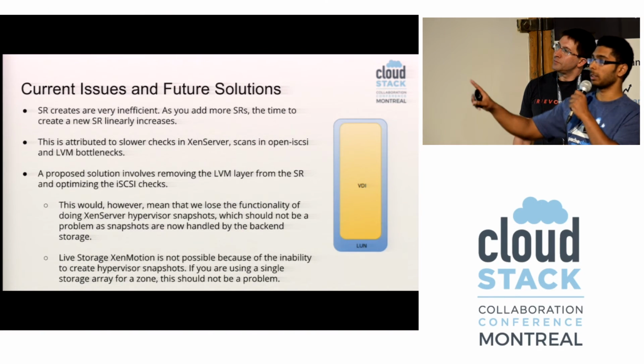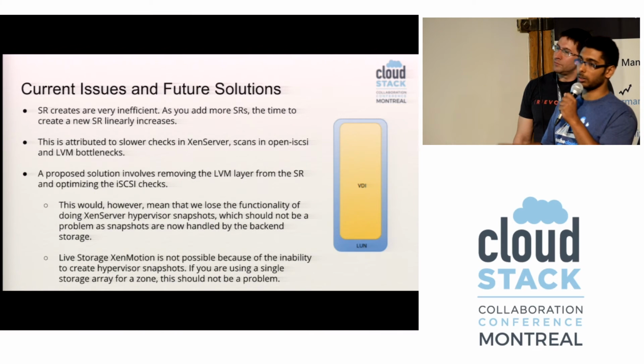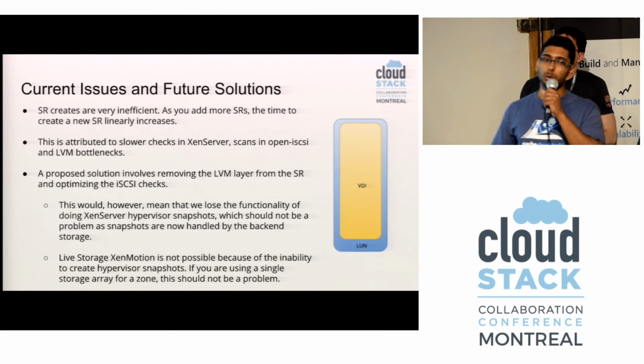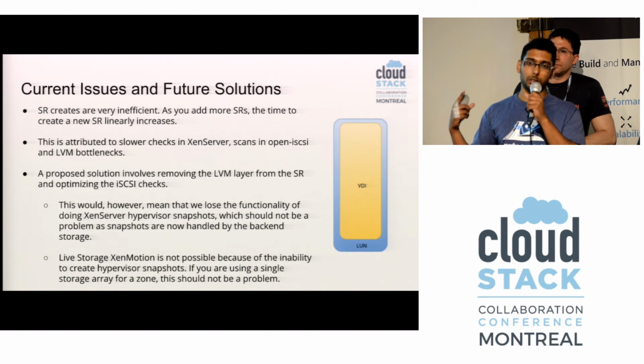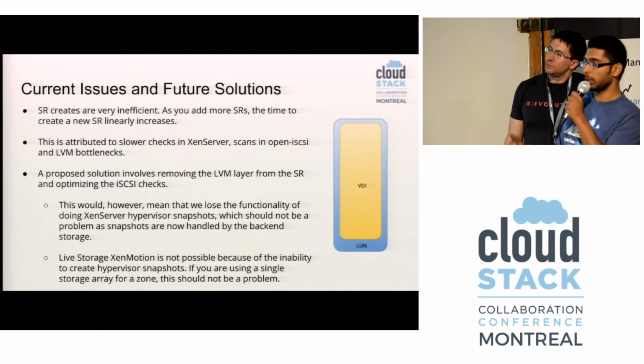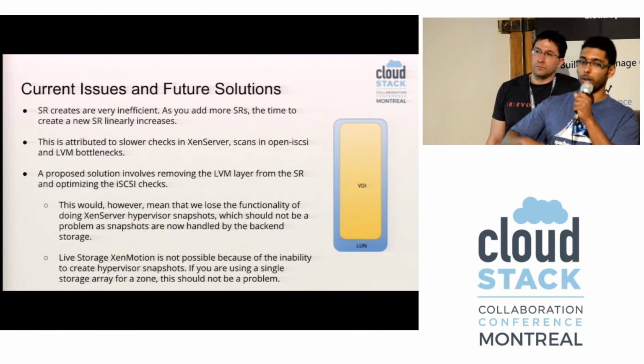If you use something like this without LVM, you lose the functionality to do XenServer snapshots. But since you are using SolidFire, the backend storage, to do snapshots, this technically doesn't affect you. You also lose the ability to do storage motion, which is migrating your volume from one storage repository or LUN to the other.